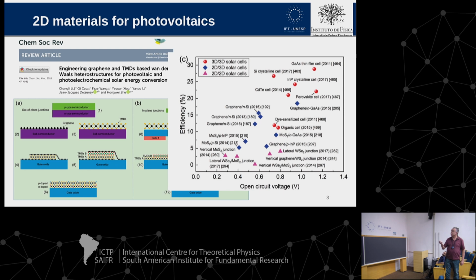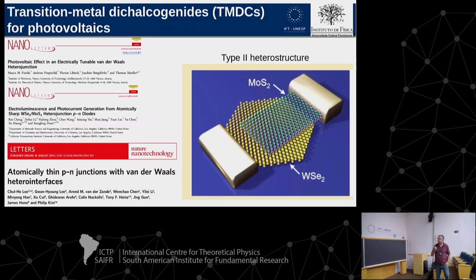But when you look at 2D solar cells, the efficiency is still quite low. That's because this is a very new field. And for me as a scientist, it's interesting because we have a lot to learn about these materials and a lot of suggestions to improve the efficiency of 2D materials.